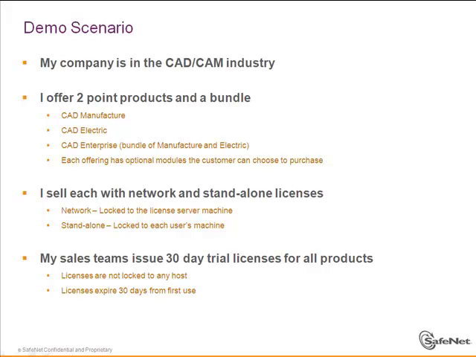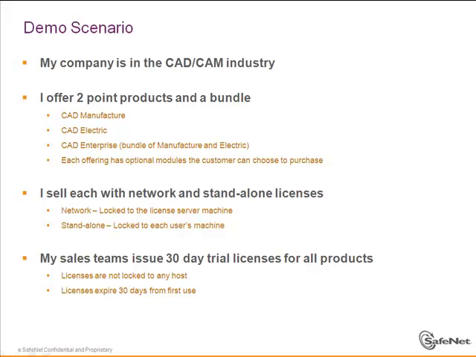So the way I set this story up is I would say, look, my company is in the CAD CAM industry, so I have my own company. I use EMS. I offer two products and a bundle: a product called CAD Manufacturer, a product called CAD Electric, and a bundle called CAD Enterprise, which is simply a combination of the two. Each offering has optional modules that my customers can choose to purchase if they want.